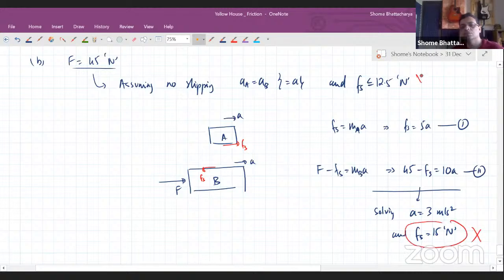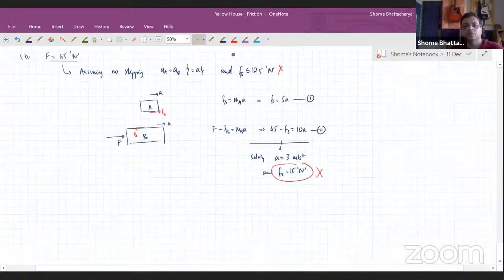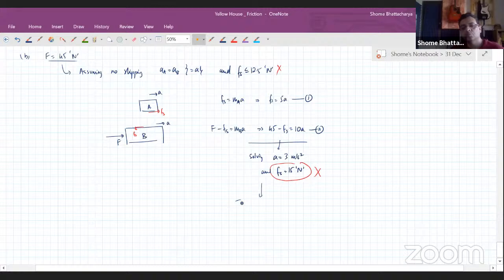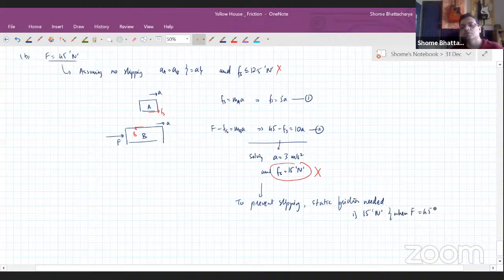Okay. Now the moment we see static friction is 15 newtons, we see that this is not possible because the maximum friction is only 12.5 newtons. So what we are seeing here is that to prevent slipping, the static friction needed is too much compared to what is available. It is 15 newtons when the external force was 45 newtons.